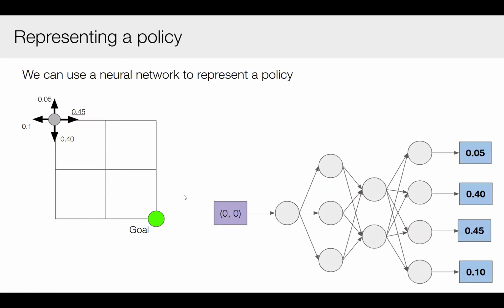So how do we represent a policy like this? Well, as you can probably guess, we can use a neural network to represent this policy. If we just pass the state in, just like we did with our Q networks a few slides ago, we can have each value in the output be the probability of taking any possible action. Look how this corresponds, for example: you have 0.05, which represents the probability of the agent deciding to move up, a 0.4 probability of the agent deciding to move down, 0.45 of the agent deciding to move right, and 0.1 of the agent deciding to move left.